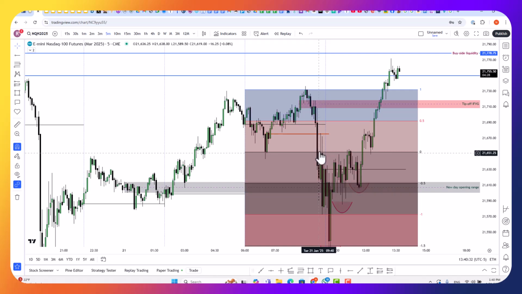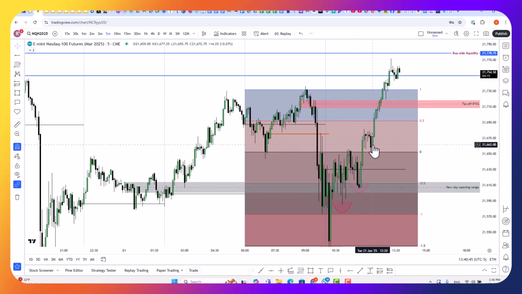Well, let's see this candle's open. Its close is 21,650.50. What is the low of this candle here? 21,649.75.